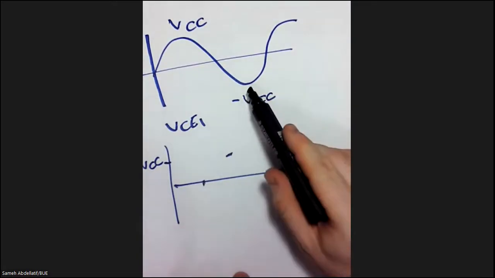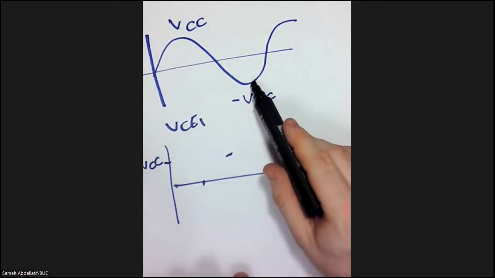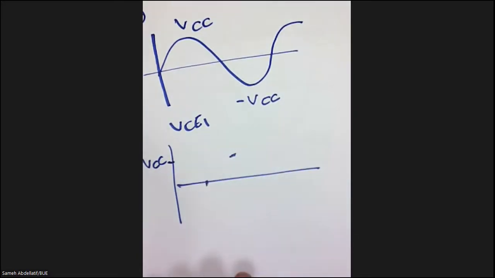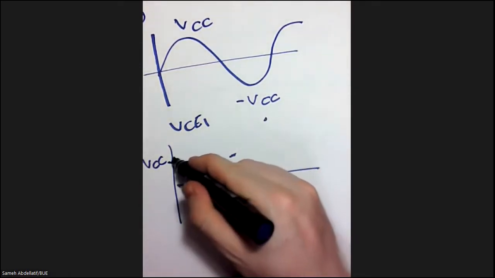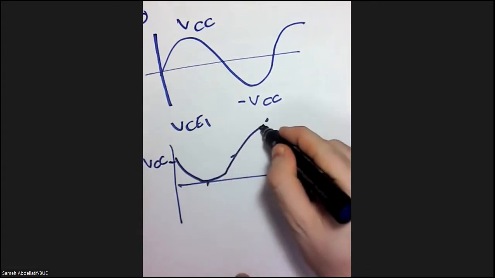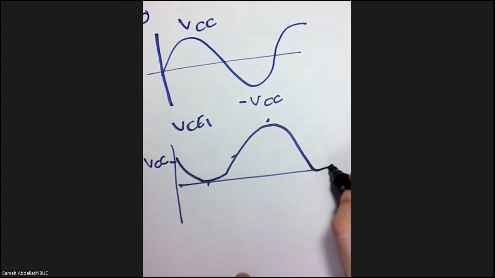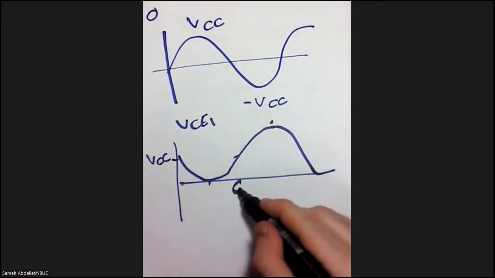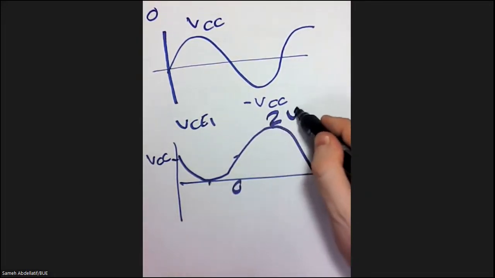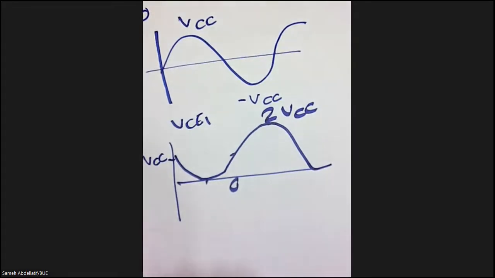And finally, when the output is equal to negative VCC, then VCE1 will be VCC minus negative VCC, which turns to plus VCC, resulting in 2 VCC. So you have something like that. This signal, as you can see, my dear students, is floating between 0 and 2 VCC. This is how VCE1 looks like.